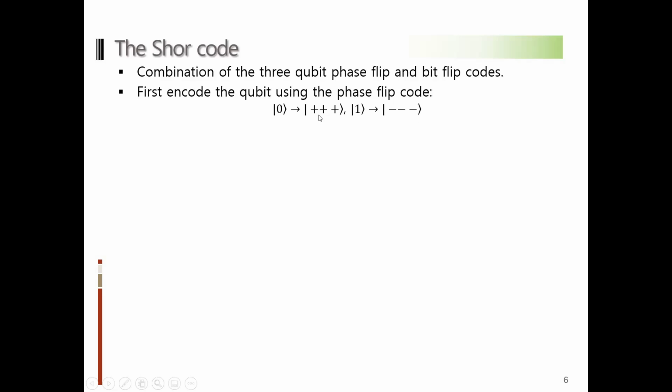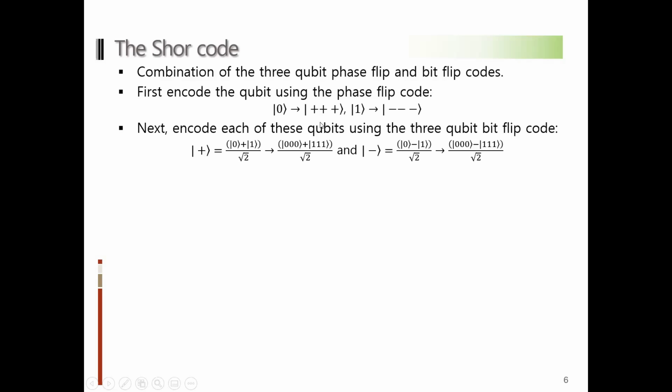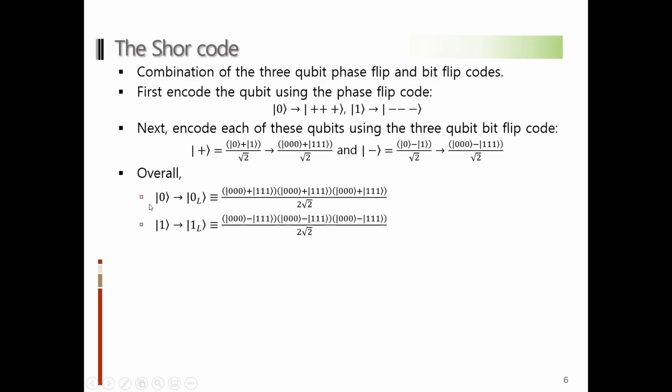But we know that in each of these, the bit might be flipped. So to detect such bit flipping, we will replace each of these plus states with another repetition code to detect the bit flip error. And then the overall state will look like this.